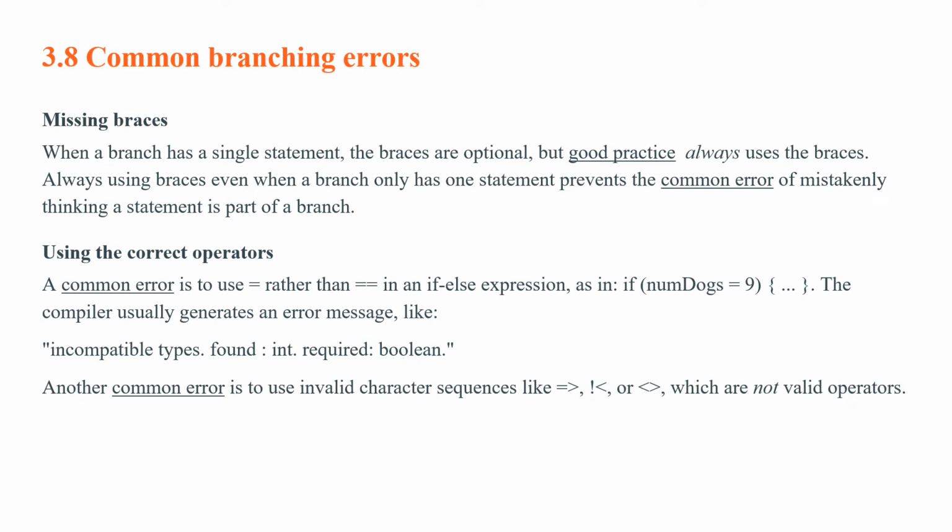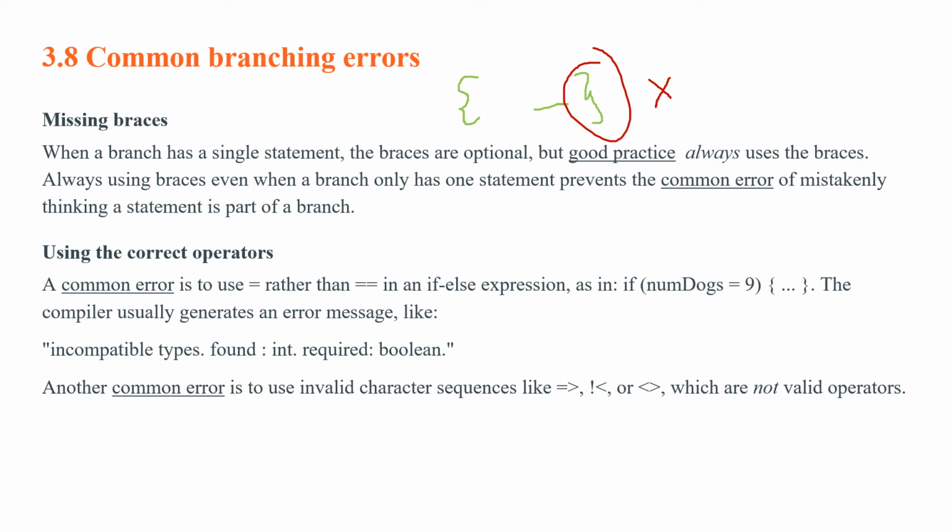Now the common errors we make while writing branches, the if else if in the code. The basic error is missing braces: you open a curly brace but forget to close it, and that is an error.